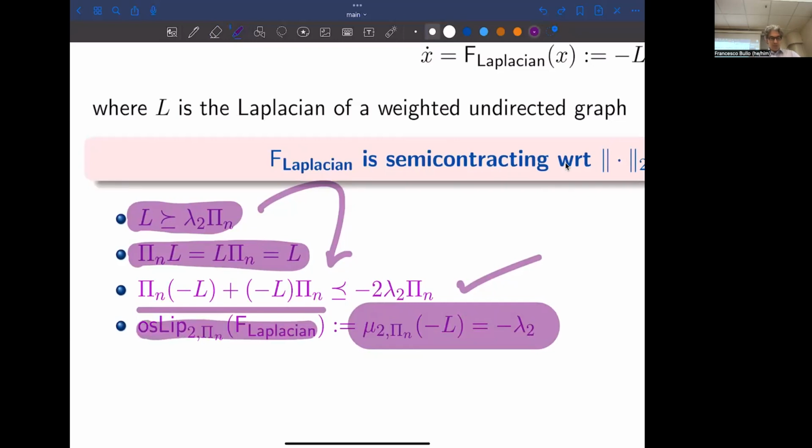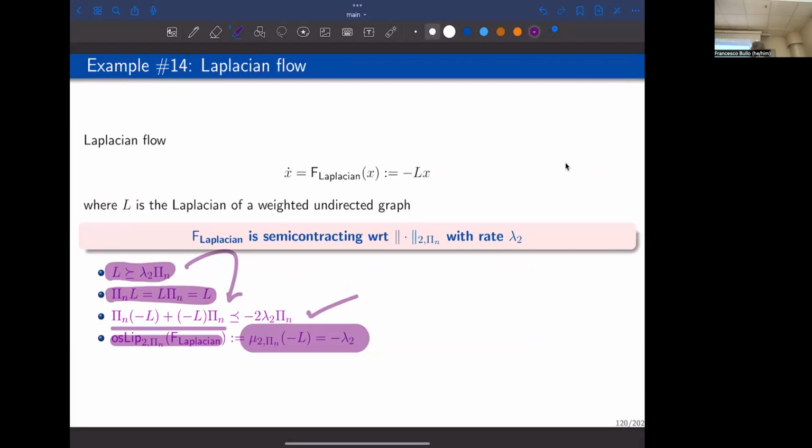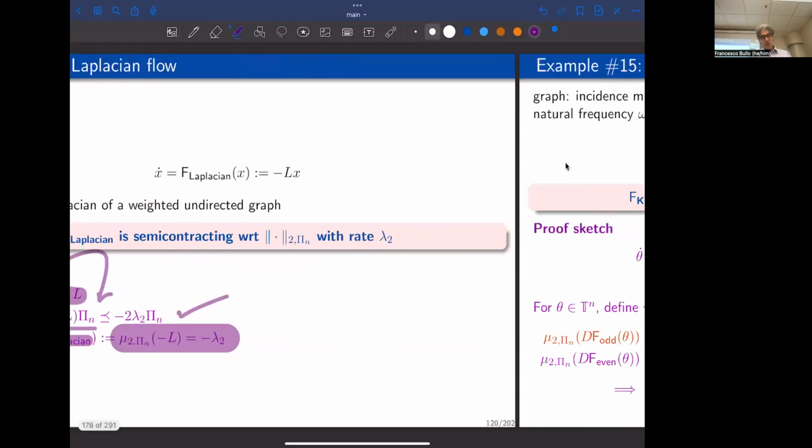And so this is the one-sided Lipschitz constant of the Laplacian flow. Does this make sense? This is a linear flow. This could potentially be understood to be overkill for just a linear dynamical system. But this has the advantage that it works for a nonlinear case.